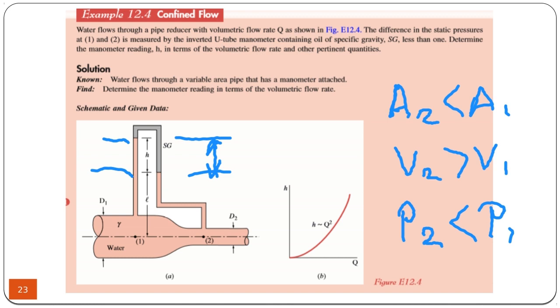Here, it also says that the H, which is the pressure head, is proportional to the square of the flow rate. Remember that P is gamma times H, and this H is called the pressure head, and it's proportional to the square of the flow rate, which we will show.